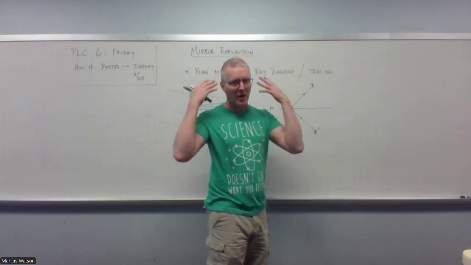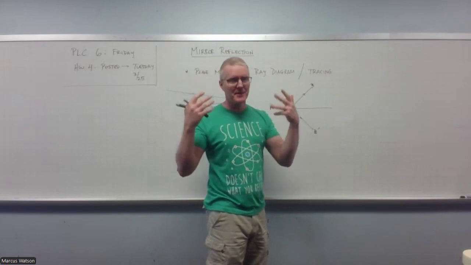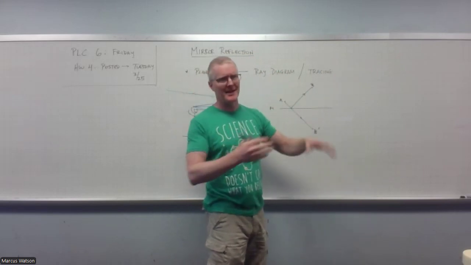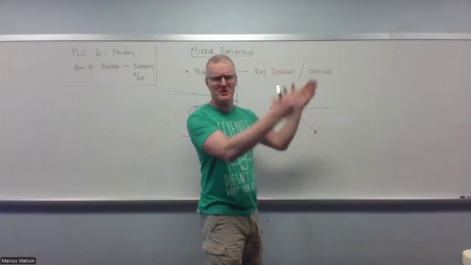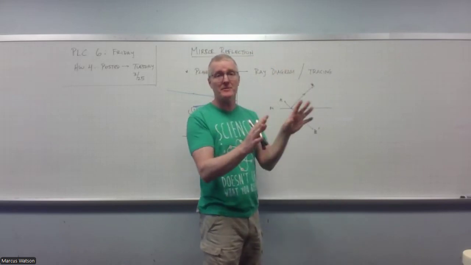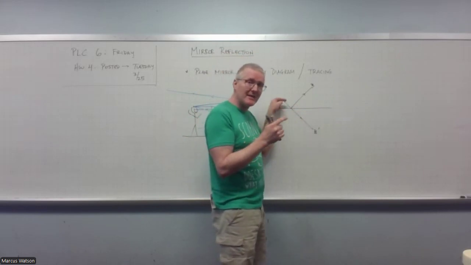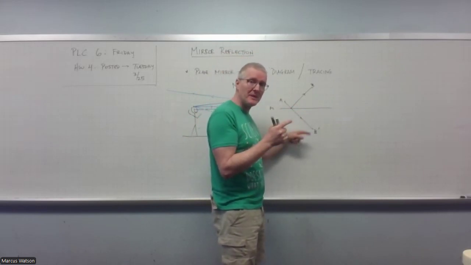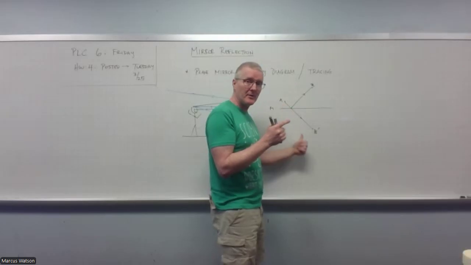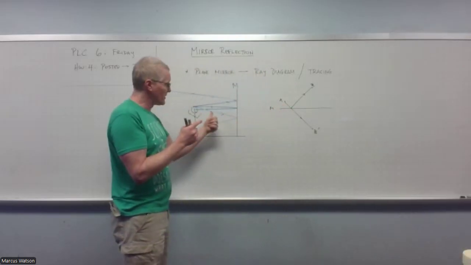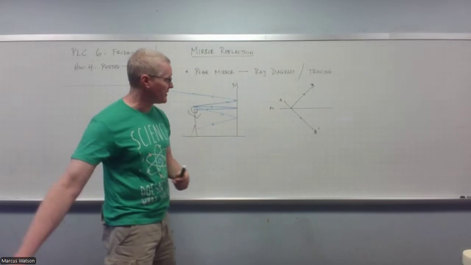No. Our brain knows this and says, oh, it's just a mirror, and I can see there's some surface imperfections. I can see the surface of the mirror. A perfect mirror you couldn't see the surface of, right? So it looks to us like the light is actually coming from B prime going to A, all right? And the same is going to be true here with this reflection over here, all right?